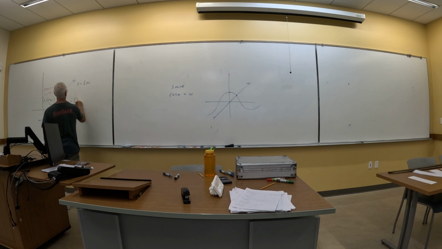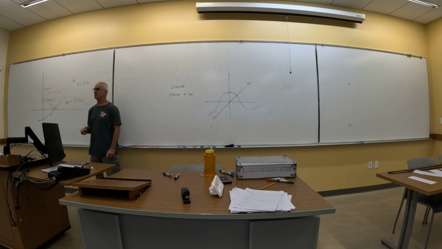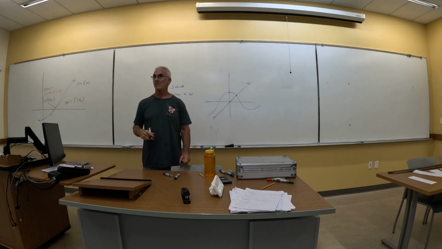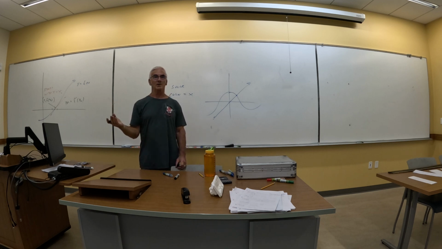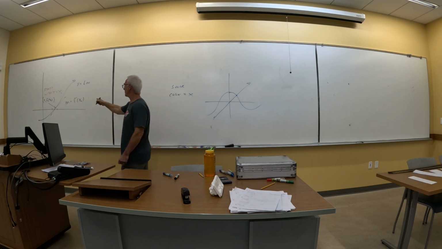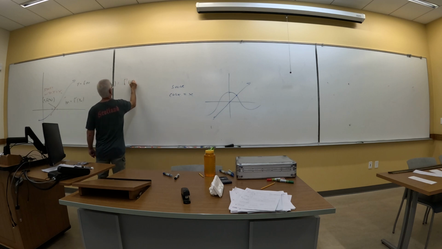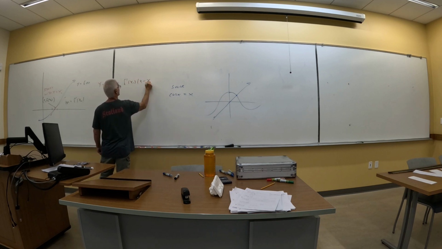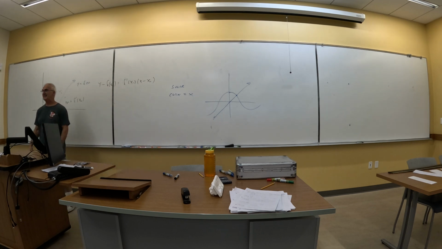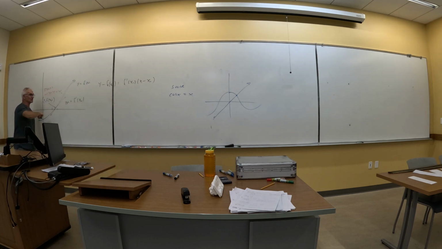Well, that would be f prime of x naught. Okay? So how does the point-slope formula work? I need a point, I need a slope, I have both. So y minus the y-coordinate equals the slope times x minus the x-coordinate. This is the equation of this orange line.